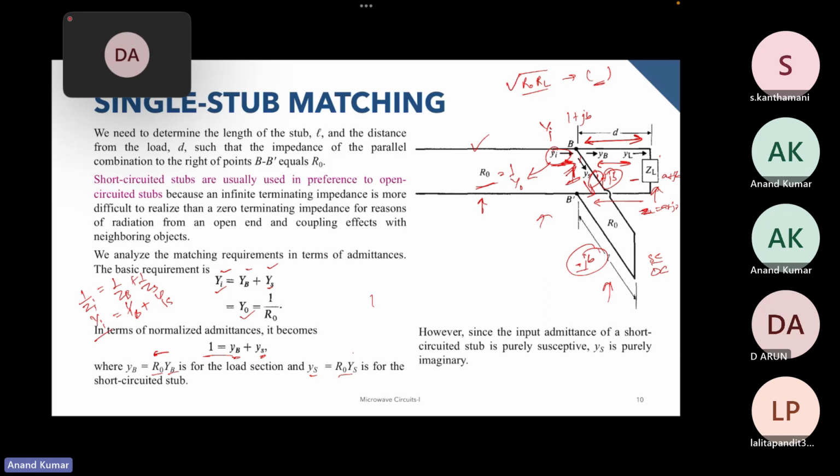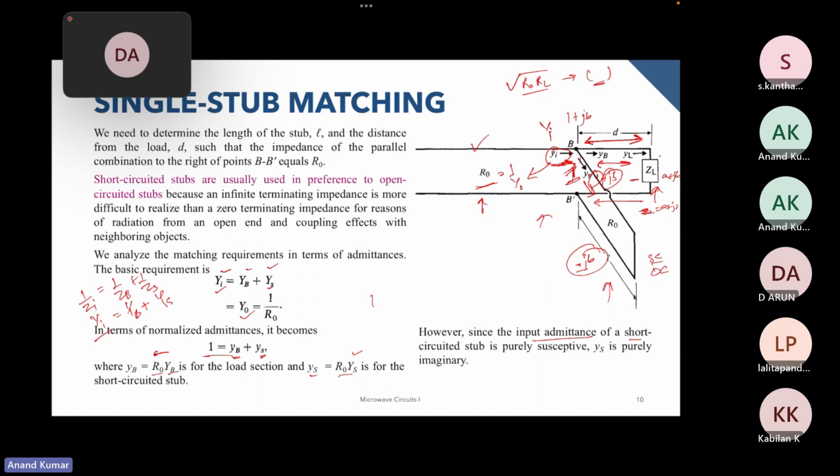Since the input impedance of the short circuit stub is purely reactive, if you remember the formula, Zin is equal to Z naught times (ZL plus J Z naught tan something) divided by (Z naught plus J ZL tan something).